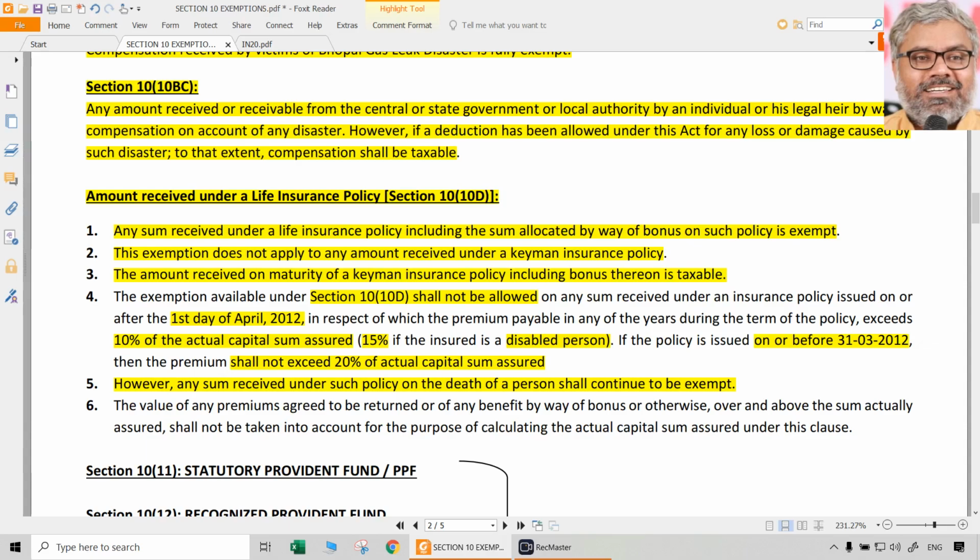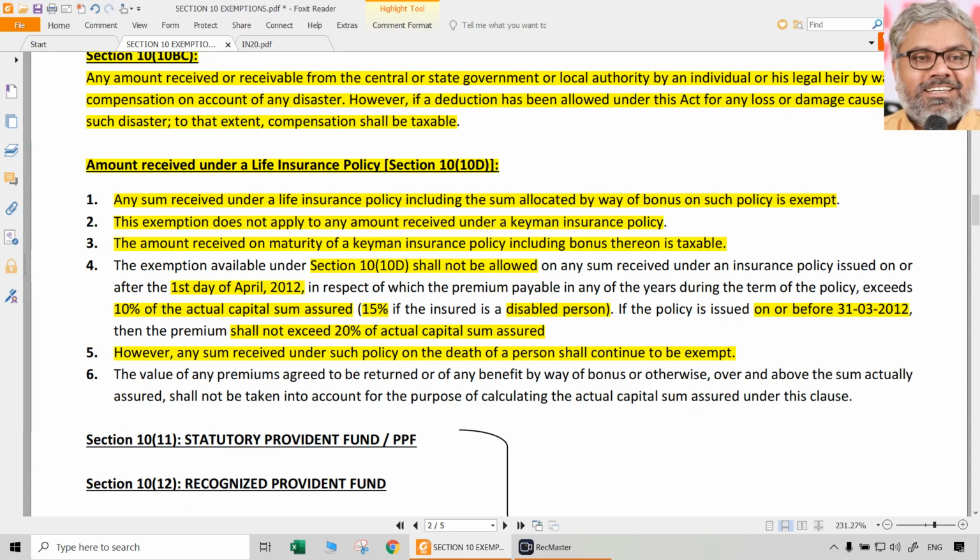Policy amount normally cannot exceed 10% of sum assured. But if the policy was issued after 1/4/2012 and the person is disabled, then it is 15%. If the policy is issued before 1/4/2012, then the percentage is 20%. If the amount is received because of death of the insured, then no problem. Entire amount is exempt. That's all.